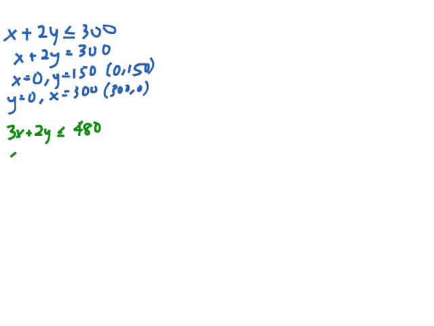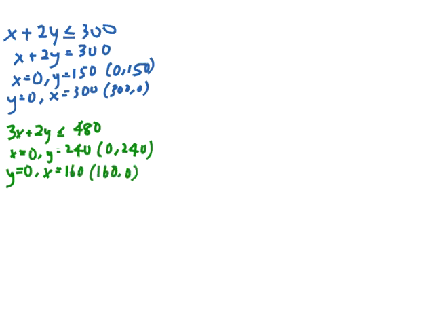For x equals to 0, you will have y equals to 240, so your point here is 0, 240. And then for y equals to 0, you will have x equals to 160. So you have another point, 160, 0.